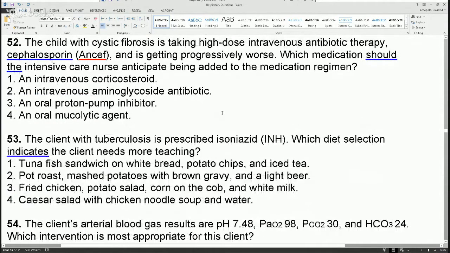All right. The child with CF is taking high-dose IV antibiotic therapy, cephalosporin, and is getting progressively worse. Which medication should the intensive care nurse anticipate being added to the medication regimen?